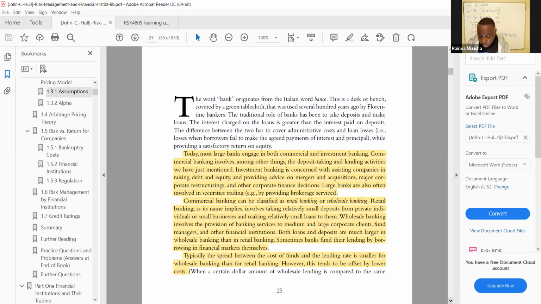So both loans and deposits are much larger in wholesale banking than retail banking. And so sometimes banks fund their lending by borrowing in the financial markets themselves. Typically, the spread between the cost of funds and the lending rate is smaller for wholesale banking than retail banking. So please take note of this as potential theory questions as well. However, this tends to be offset by lower costs as well.